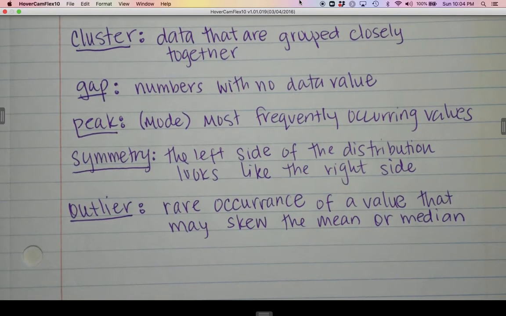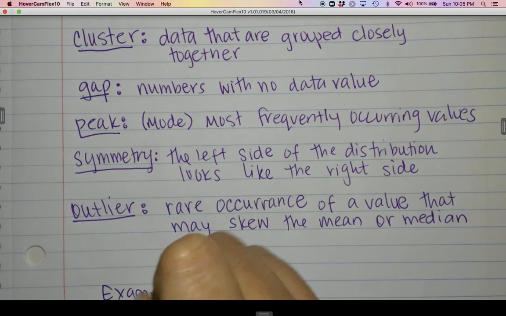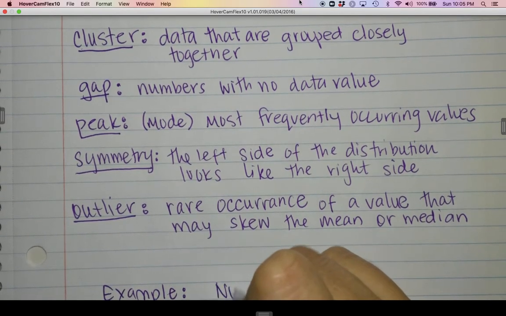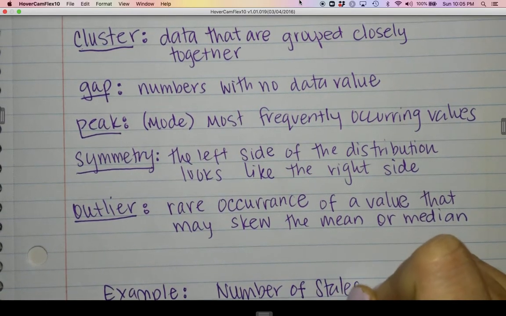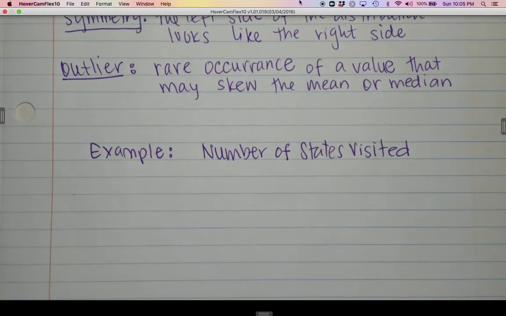Okay, and I'm going to give you an example using a dot plot. And the title of this dot plot is number of states visited. And let's say that I had a whole list of, I took a poll and I had a certain amount of observations, and now I'm going to make a dot plot to describe the data.